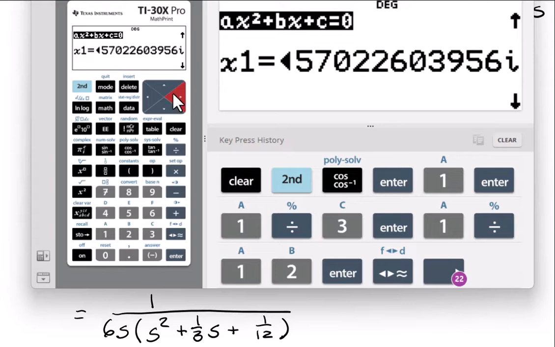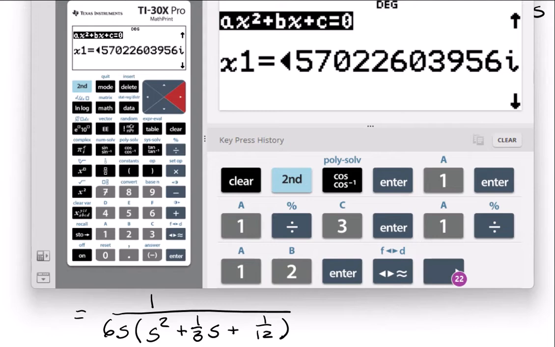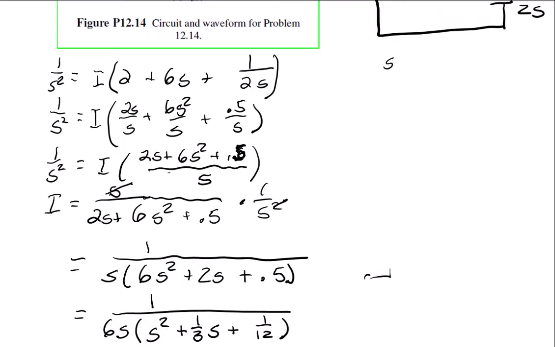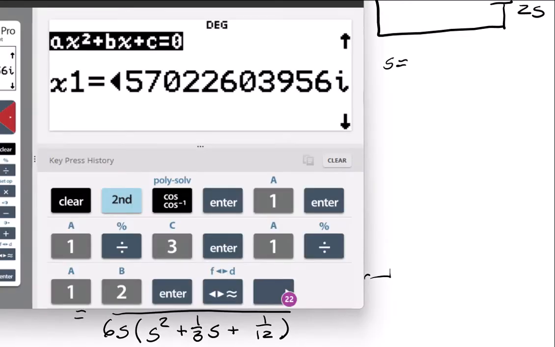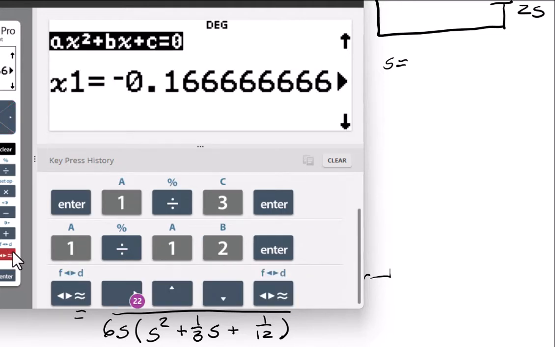So my solutions to the quadratic equation are, let me write them here. So the solutions are S equals, did I not get the right answer? Let's see. Oh, I did.